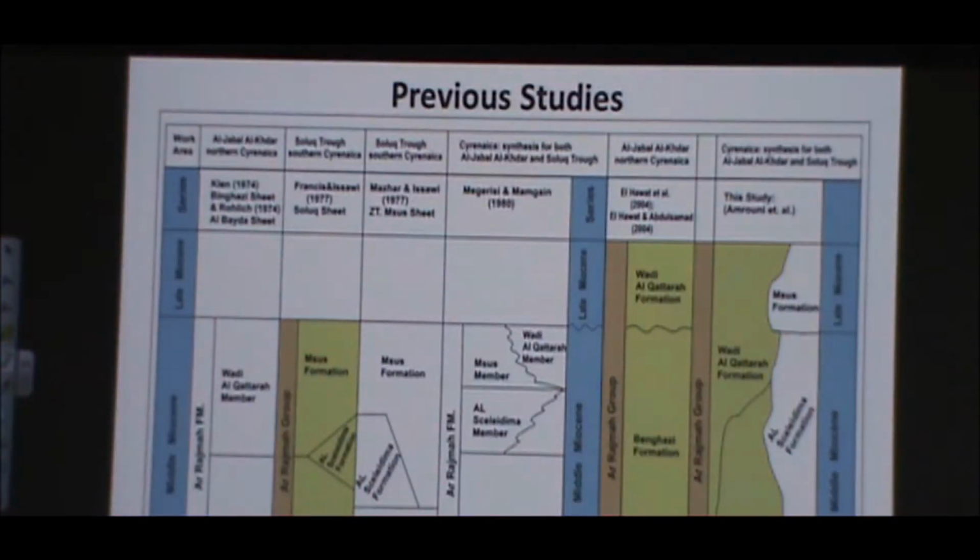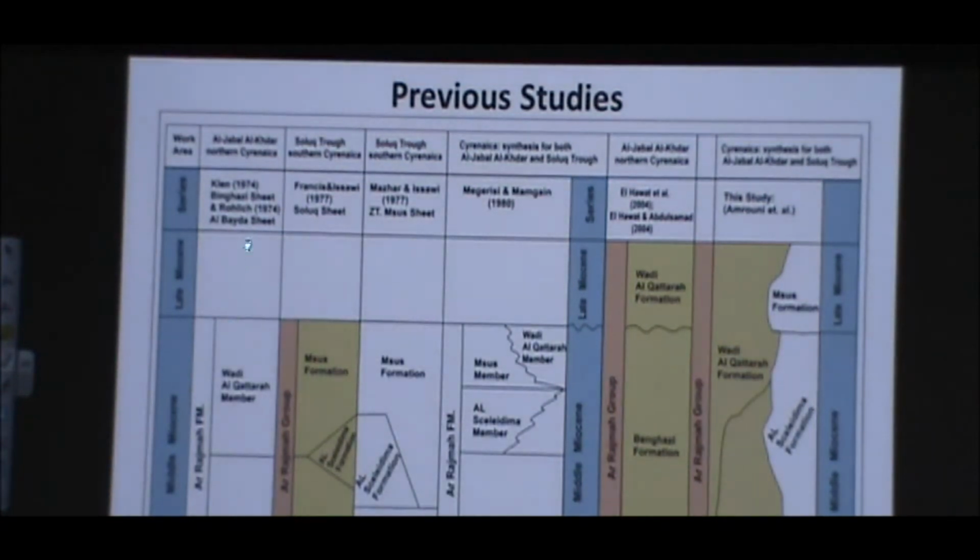Here, the previous studies in the Cyrenaica started very early, in the beginning of the 90s with the Italians, but the documented ones, the mapping program in Libya, started in the 1970s.